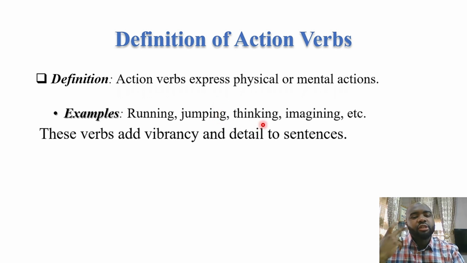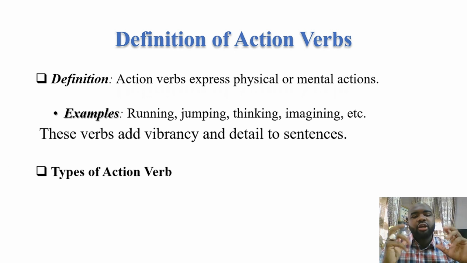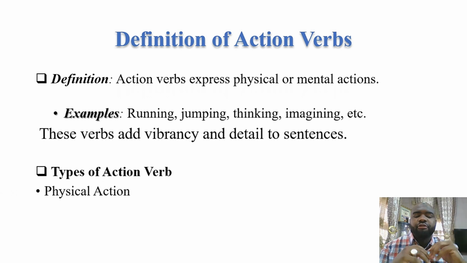Thinking is mental. Imagining, when you are imagining something, you're also performing an action. You are doing something, right? These verbs add vibrancy and detail to sentences, right? So we're going to look at the types of action verb. For example, we have the physical action and we also have the mental action.